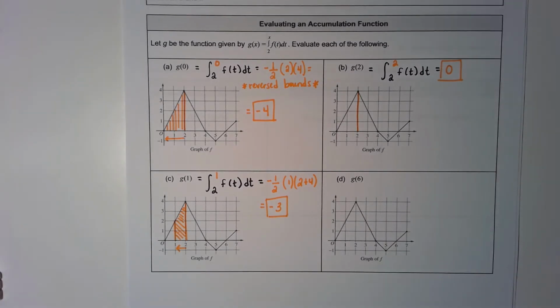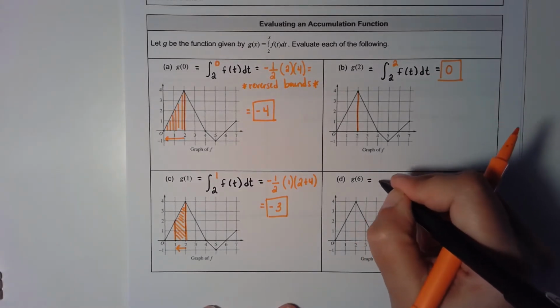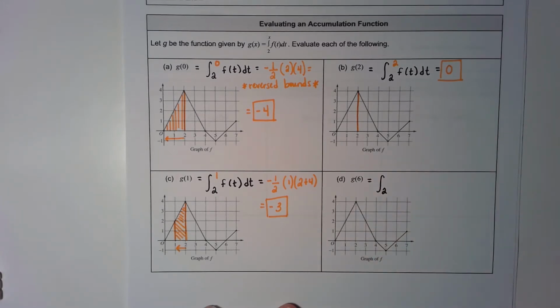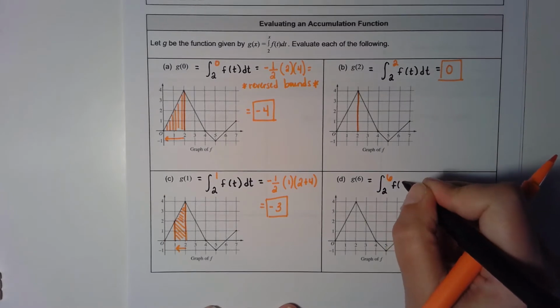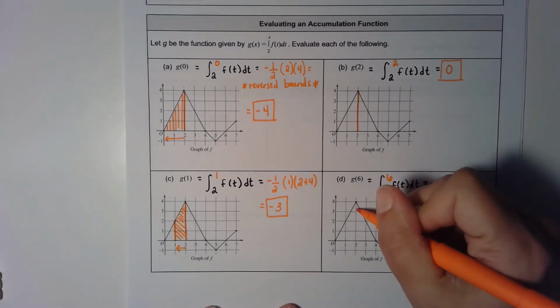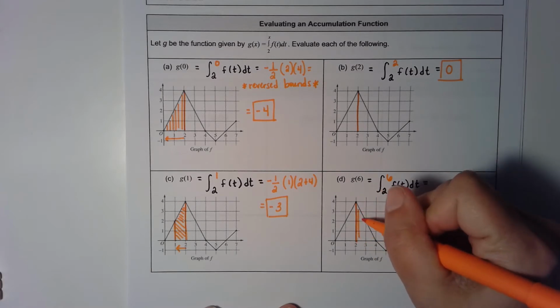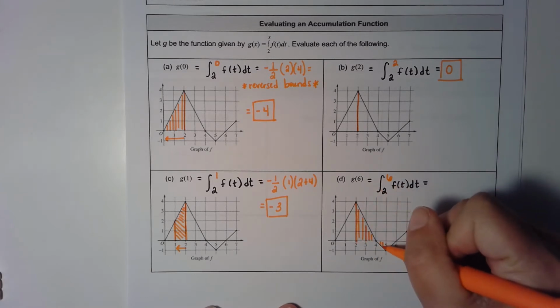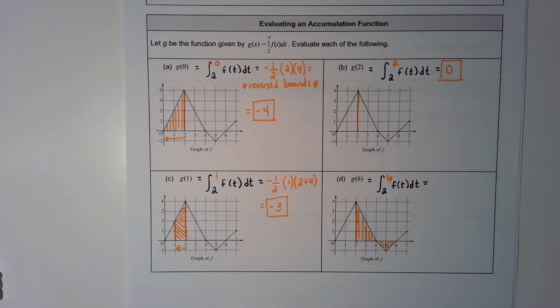Last but not least, let's find g of 6. So g of 6 means find the integral from 2 to 6 of f of t dt. Now, integrating from 2 to 6, this time we are actually moving to the right, which is the correct direction. So this is going to be just a traditional area problem.